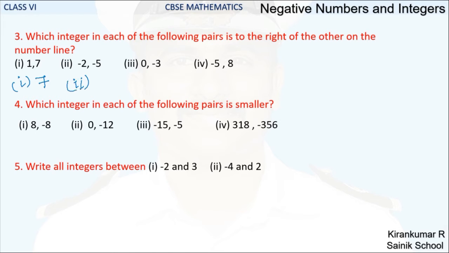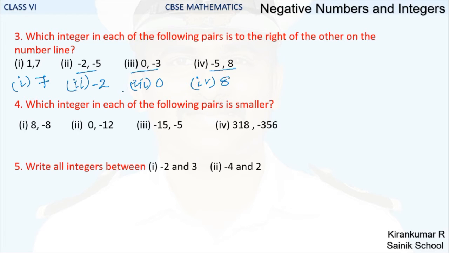The number among minus 2 and minus 5 which is present towards the right side on the number line is negative 2. For 0 and minus 3, the number towards the right hand side is 0. For the numbers minus 5 and 8, the one towards the right side is positive 8.